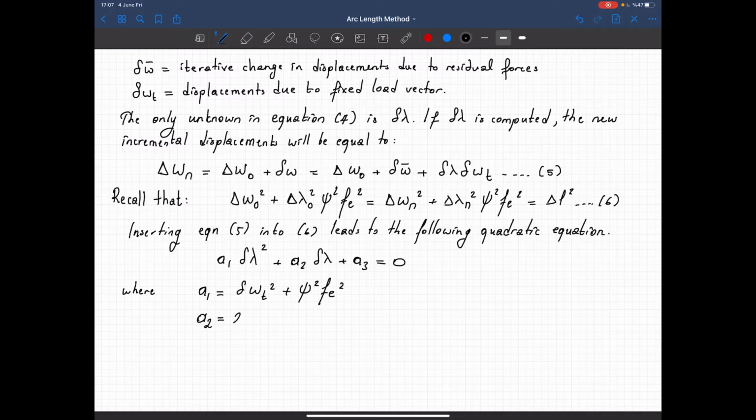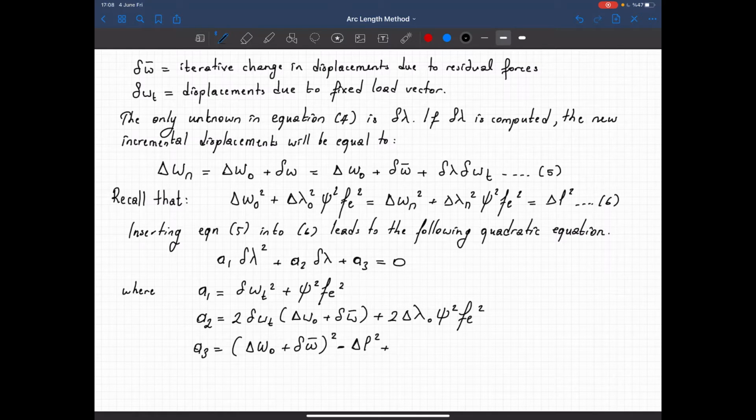A2 is equal to 2 times V_T in parentheses delta W0 plus delta W hat plus 2 times delta lambda 0 phi squared fe squared, and finally A3 is equal to delta W0 plus delta W hat squared minus the arc length squared plus delta lambda 0 phi squared fe squared.